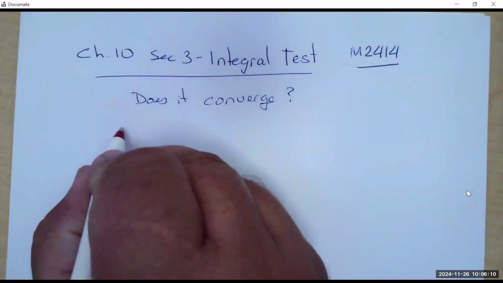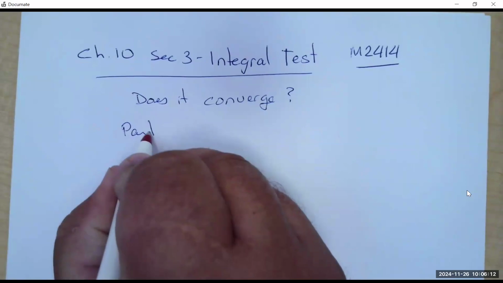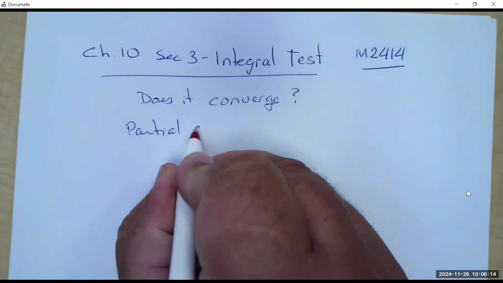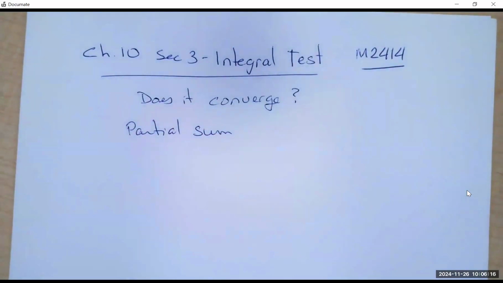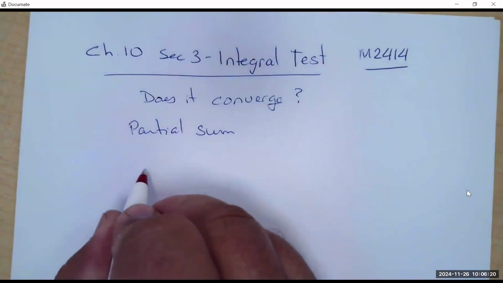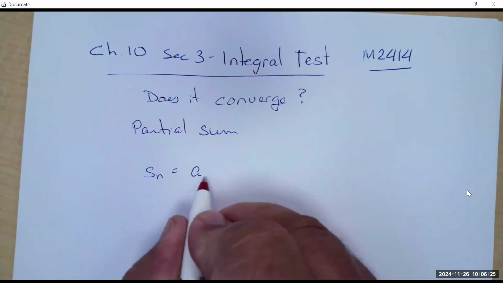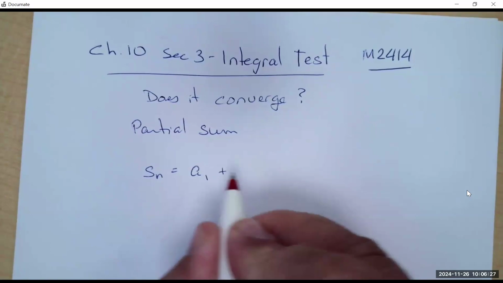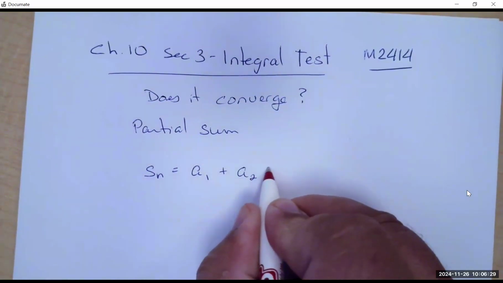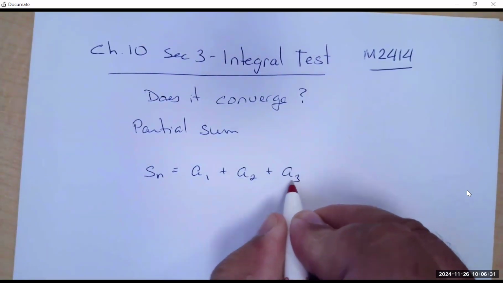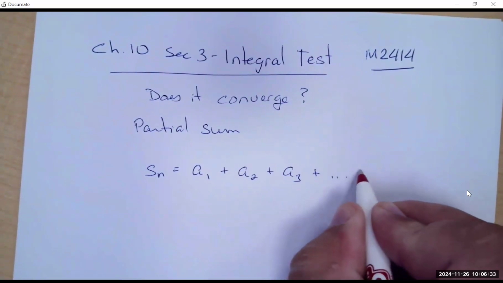And we talk about partial sums. What's a partial sum? A partial sum is, if we have a sequence, each of these values.